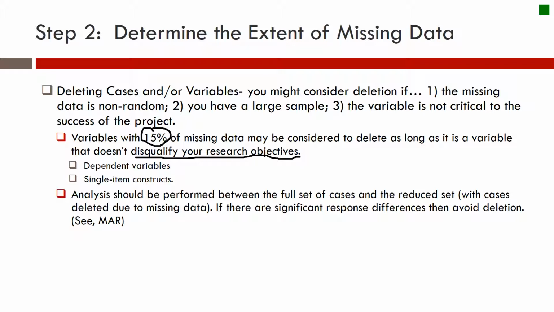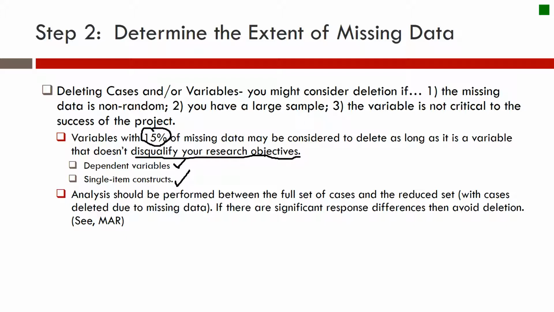So if the variable is not a specific component, like it can't be a dependent variable. If it's a dependent variable, you need to keep it, and then we need to address missing data in another way. The other thing is if we do a higher order construct, we should have multiple variables that would measure the latent construct, or the subjective variable that we're measuring with multiple items.